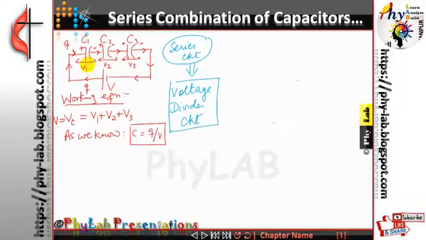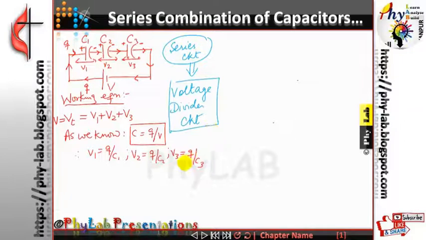So I can say that V1 must be equal to Q by C1. Similarly, V2 must be equal to Q by C2 and V3 must be equal to Q by C3. Each capacitor is carrying the same charge because they were connected in series.